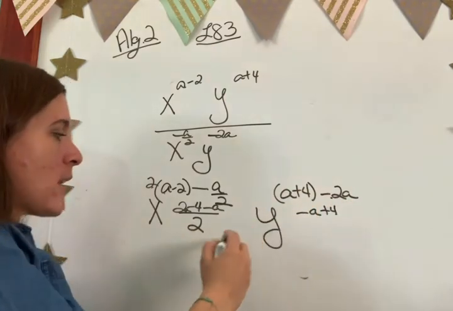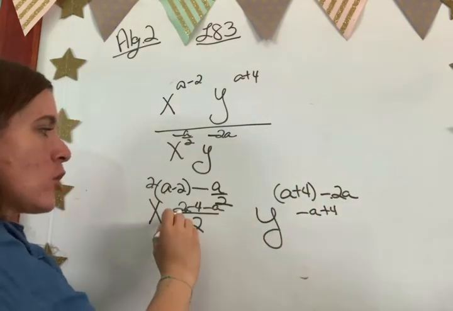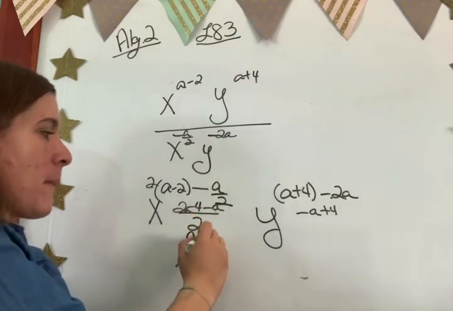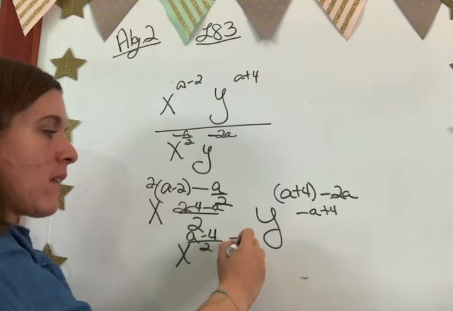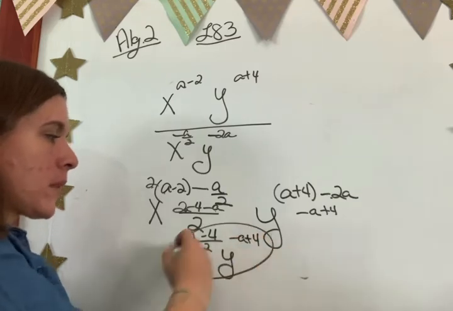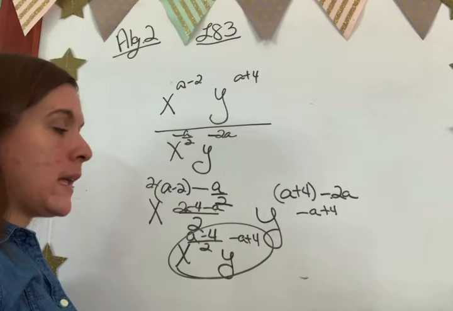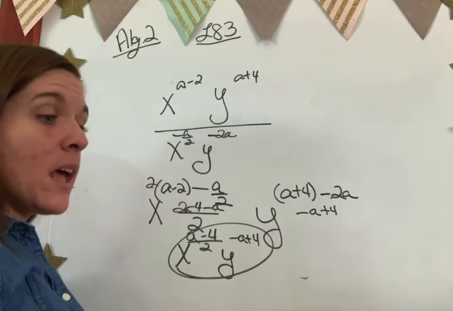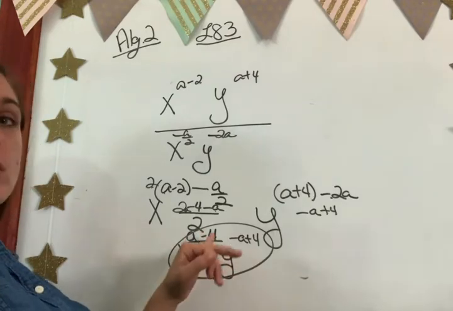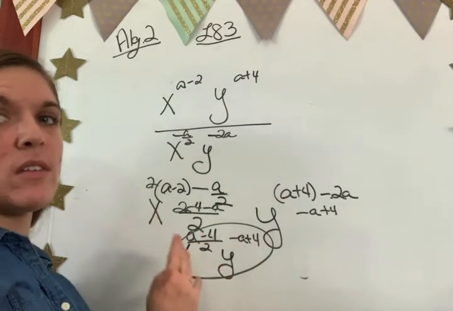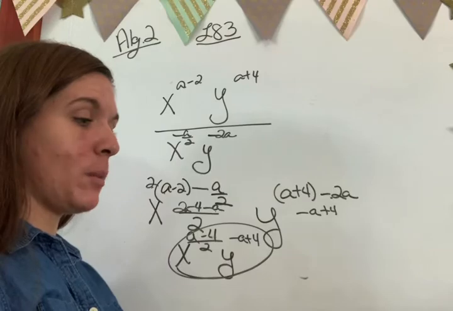So my answer is x to the 2a minus a, which is a minus 4 over 2, and y to the negative a plus 4. That is your whole answer. You could simplify it even more to a over 2 minus 4 over 2, which is 2, but you can leave it like this or simplify it a little bit more.